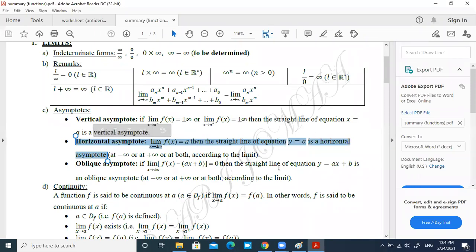If I say y equal a is a horizontal asymptote, it means that the limit at infinity is equal to this number a. Do you know this idea?